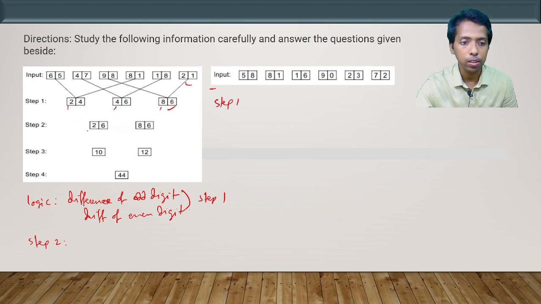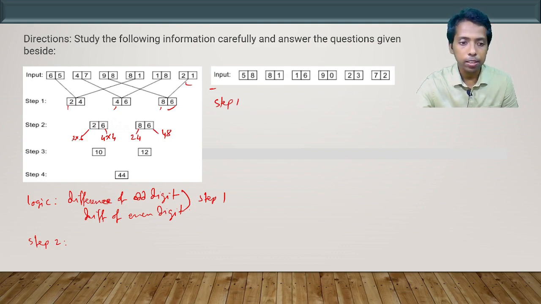So 2 and 6 can be multiplied, and this is 4 and 4, so this can be 4 multiplied by 4. Okay, this can be the logic, just confirm it. 4 and 6, that is 24. And this is 6 and 8, 48. Right. Can you get the logic from here?